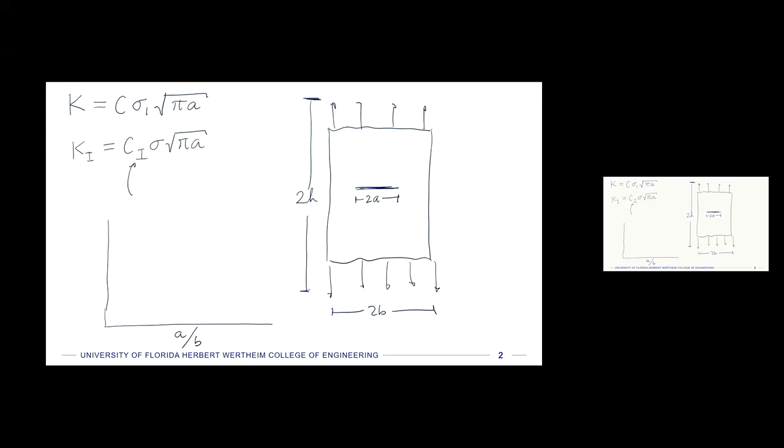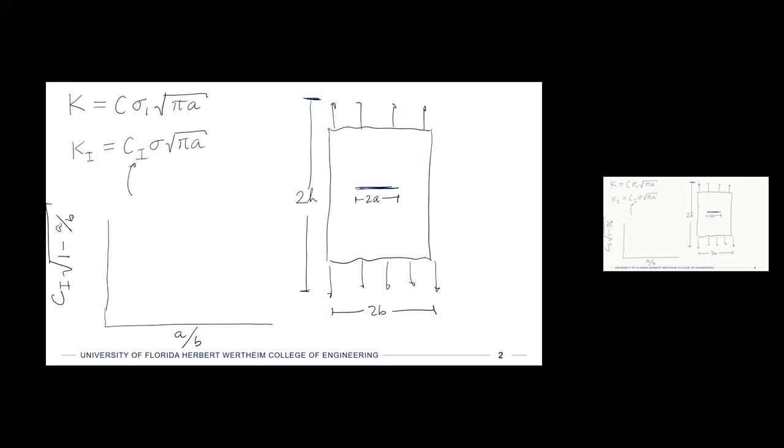On the y-axis they give a more complicated term: the c that we care about, in this case c1, times the square root of 1 minus a over b.